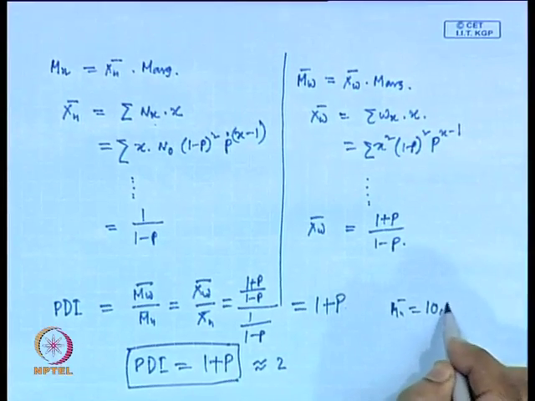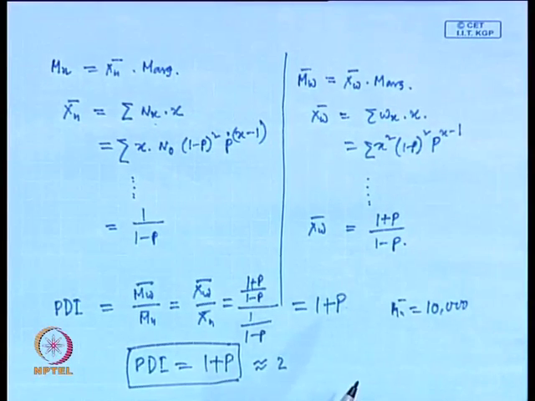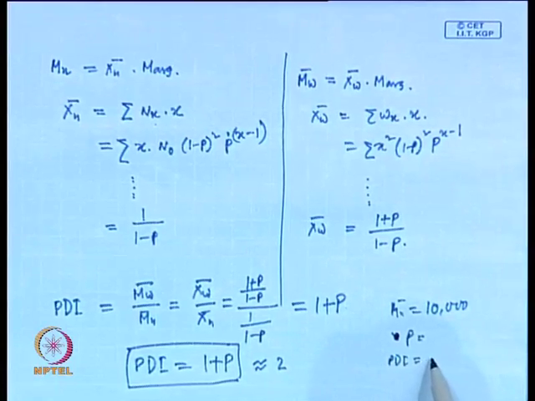So, without knowing both the molecular weights, if you know only one of them, and from the structure you know that this is made by step polymerization, say you are given Mn as 10,000, then you also know p is close to 1, in this case 98%, and you know PDI is close to 2.